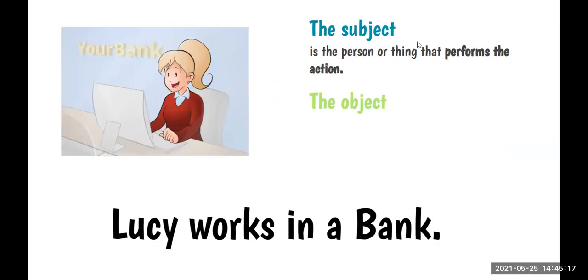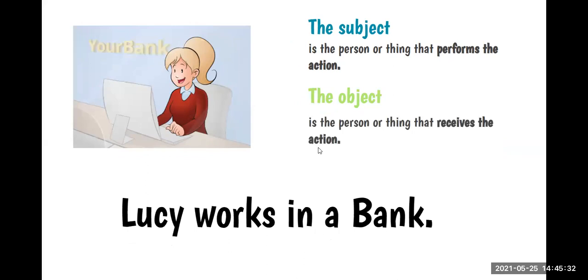No? This is one place. A place? And you and she work. Where she works? Could be. Very good. So the object is the person or thing that receives the action.